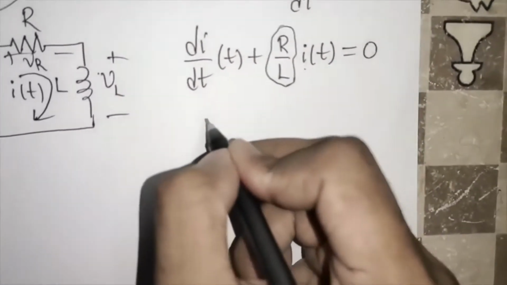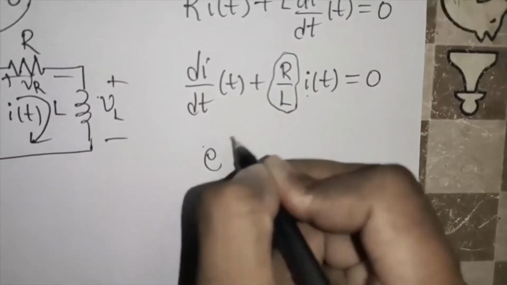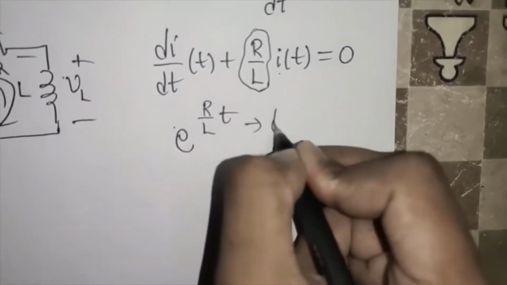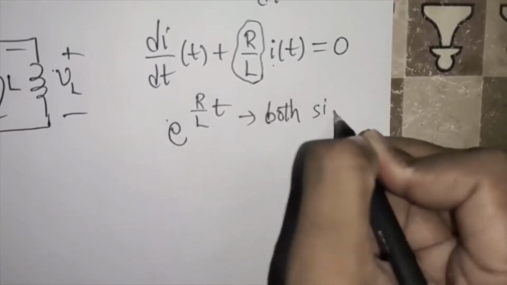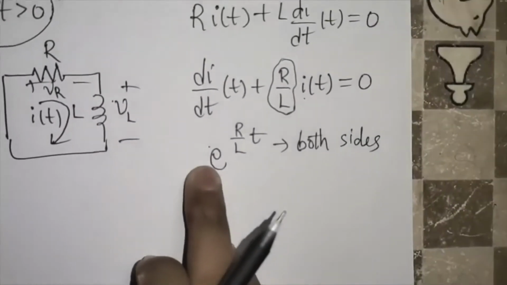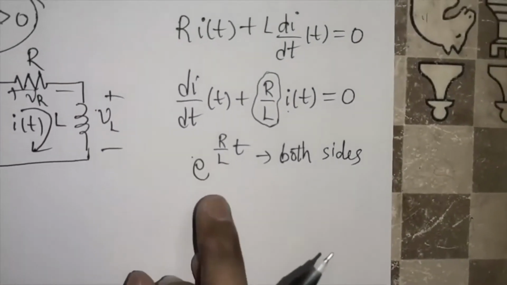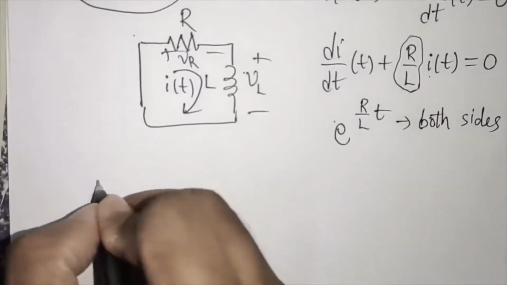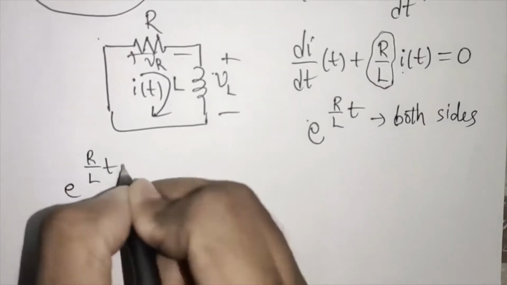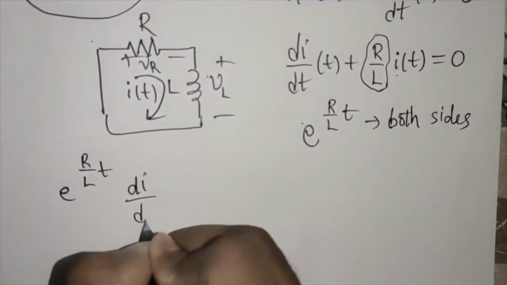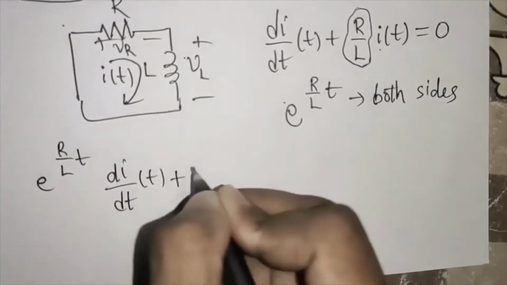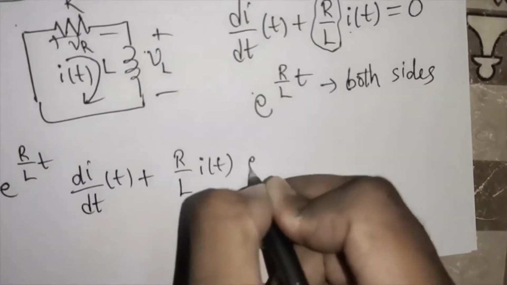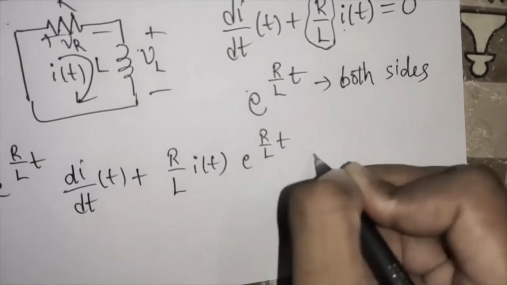So I will multiply e power R by L into t on both sides. When I multiply, I get e power R by L into t into di by dt plus R by L into I of t into e power R by L into t is equal to 0.